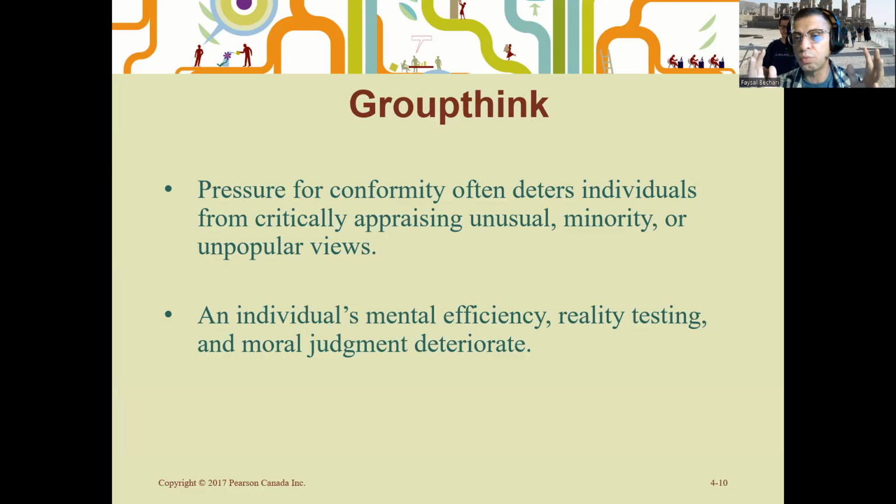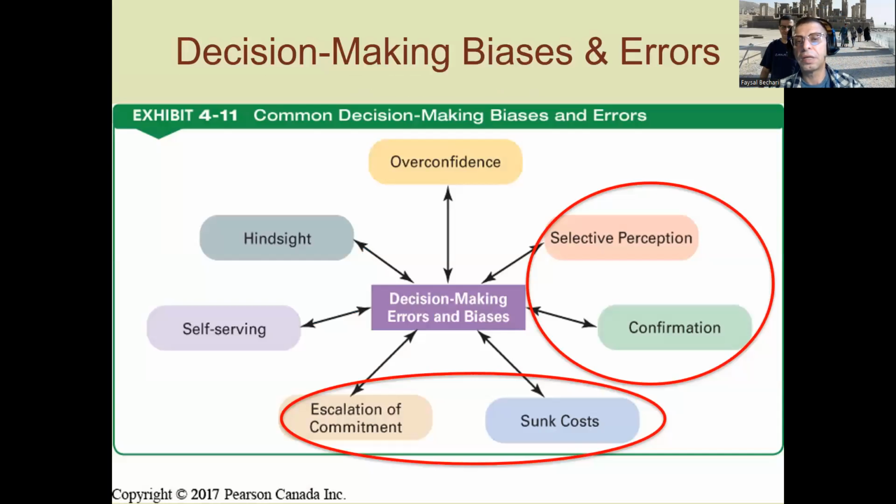So the whole group will come up with an idea, and that doesn't have to be a good decision. And we put pressure on the rest of the team to follow it, because group thinking will affect the individual thinking anyway.